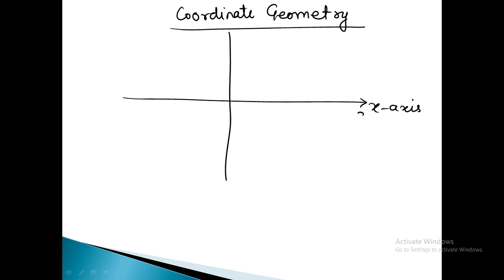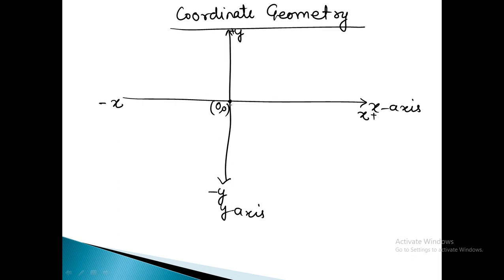This side represents positive numbers and this side represents negative numbers. And this is the y-axis. This side represents negative y numbers and this side represents positive y numbers. And this point represents 0, 0: when x and y are 0, it is represented by this point.